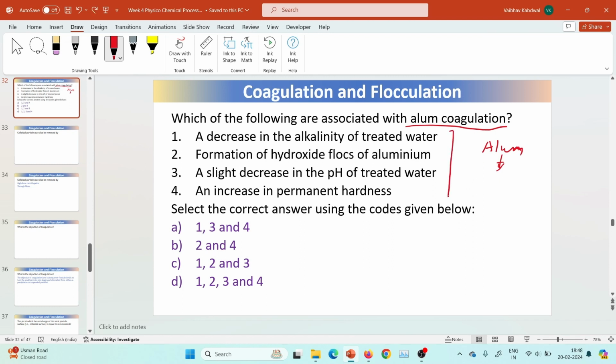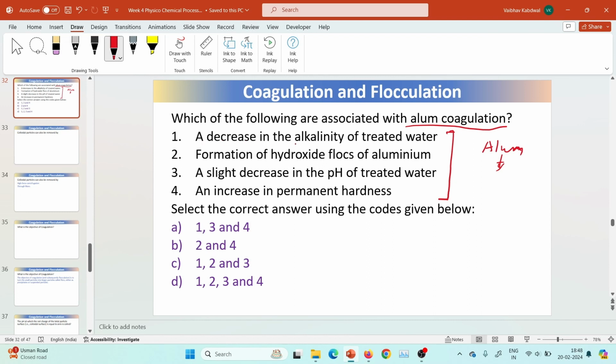These are the four statements, and from these we have to figure out how many statements are correct. Which of the following are associated with alum coagulation?